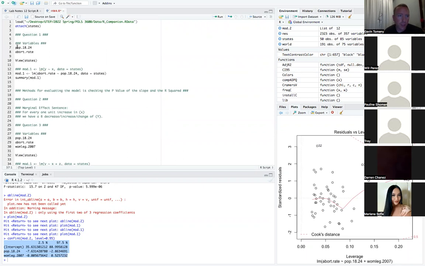Like I said, we got our variables, which is POP and abort. So what we're going to do is create this mod.1, which is using the linear model of abort rate, tilde, POP 18, and then the data is within the states.